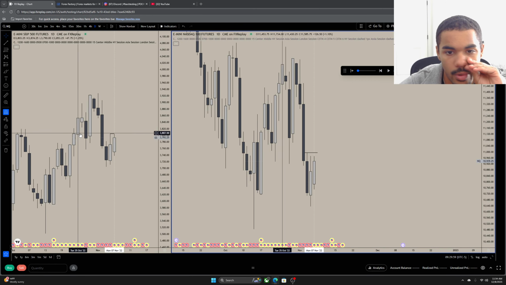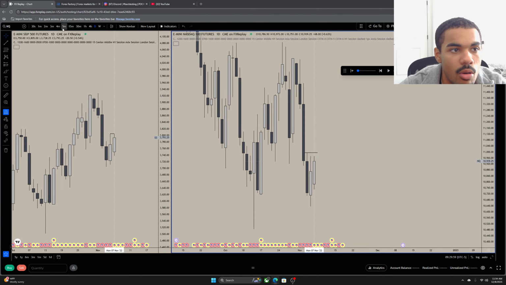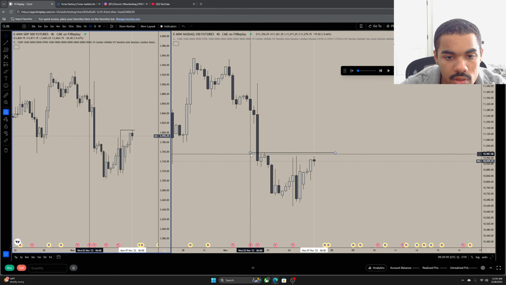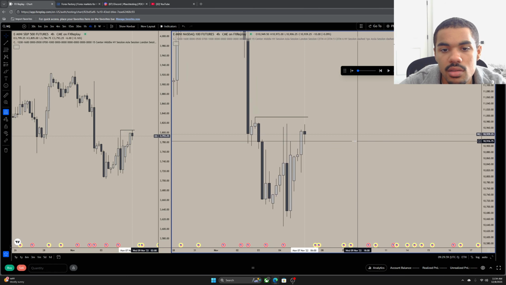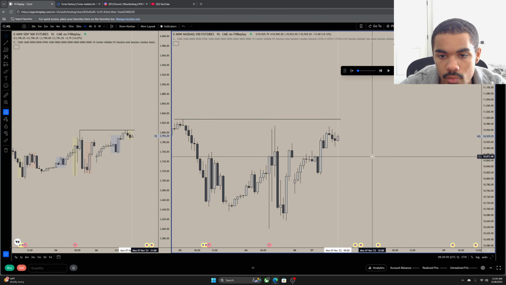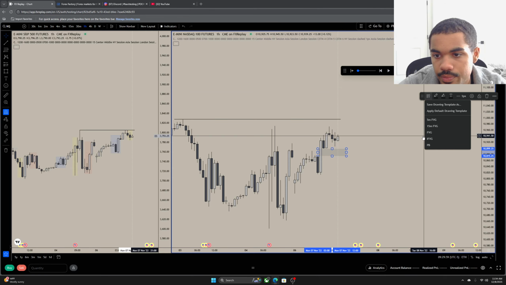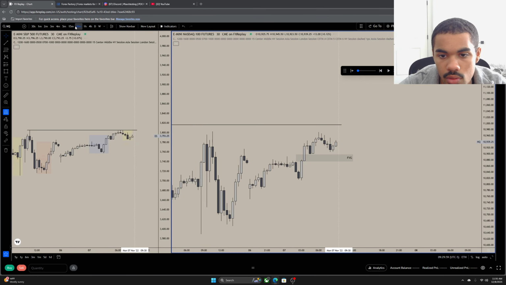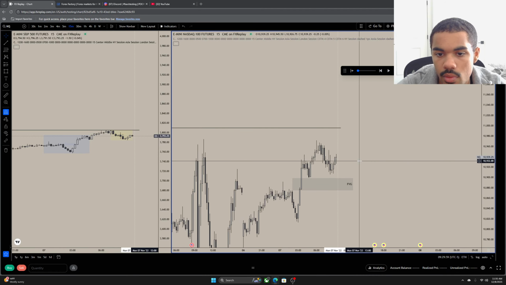I don't like that we're already inside of it on ES, but I do think if we want to distribute lower, both pairs would want to continue higher towards this daily gap. Yeah, that SMT isn't enough for me to just be bearish. Okay, this looks good. Work this out. We got our value up here. Little trend line above. Okay.